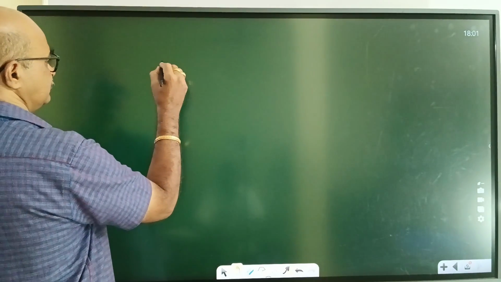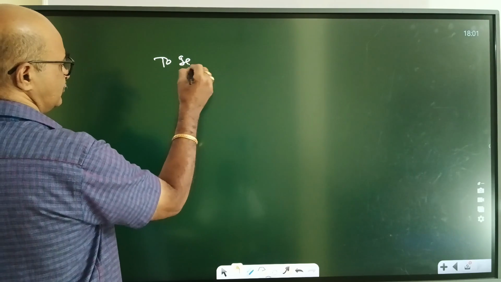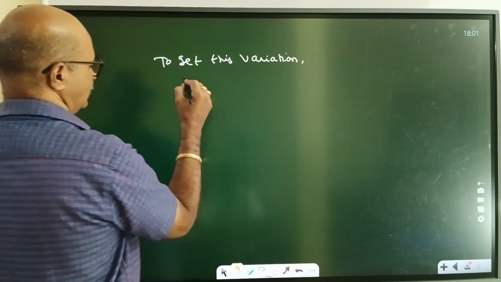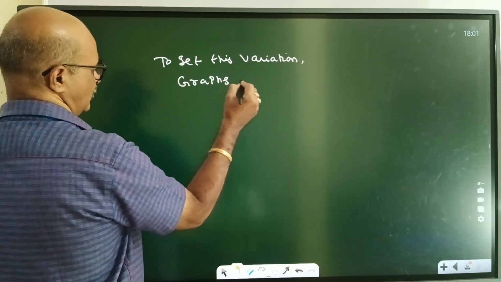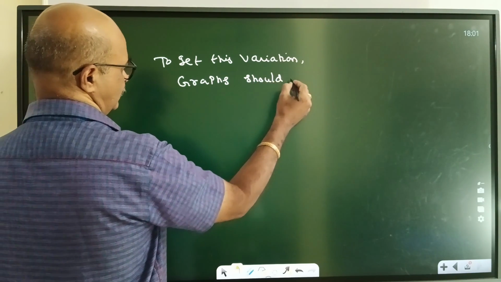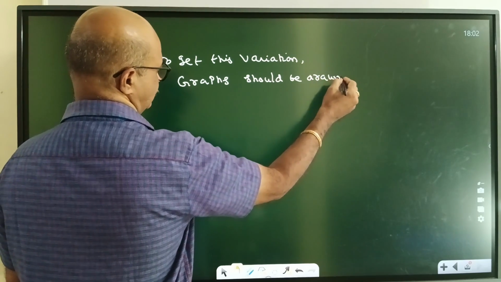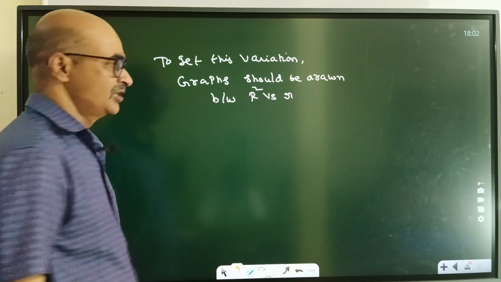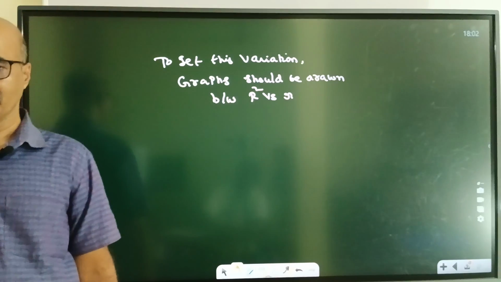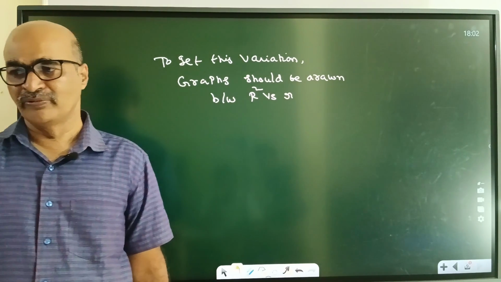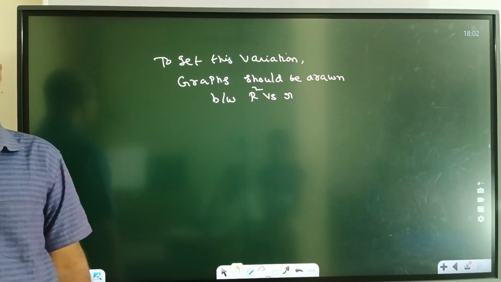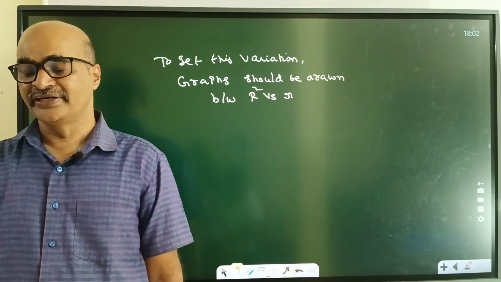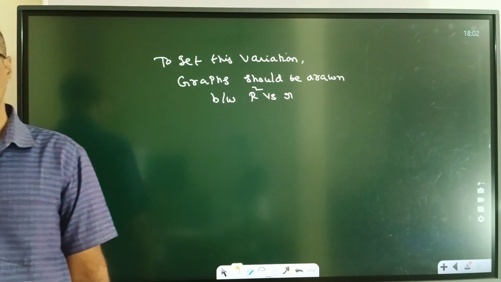Okay, to get this variation, graphs should be drawn between R square versus R. These plots give useful information about probability density at a point as a function of radius.